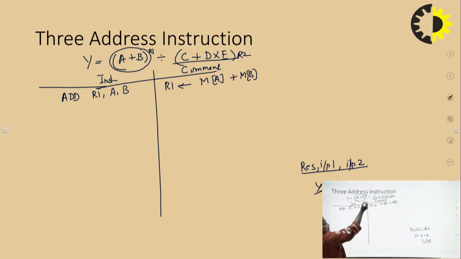Suppose the second part of the instruction you are storing in R2, so D and E. By the help of the BODMAS rule, you can see there is a plus and there is a multiplication. So first of all, we discuss the multiply operation.